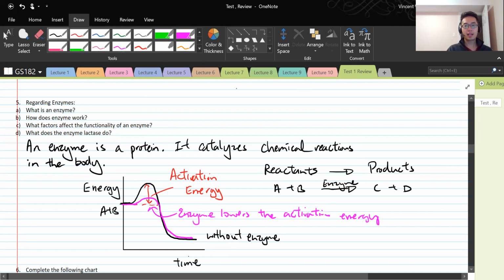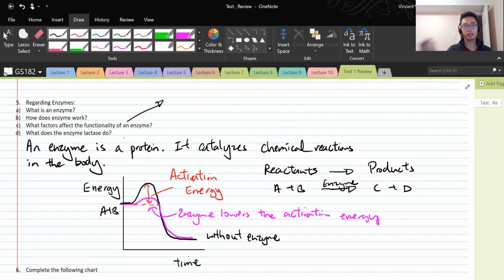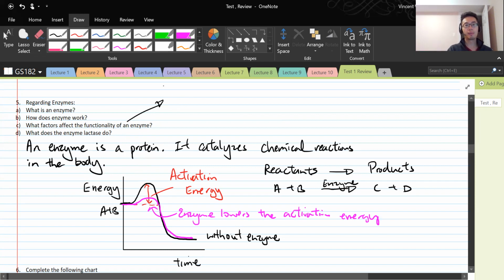Okay, next one. What factors affect the functionality of an enzyme? Well, since enzyme is a protein, anything that affects the protein is going to affect functionality. So things like pH, right? If you change the pH, if you make the environment more acidic or more basic, that's going to affect your enzyme functionality.